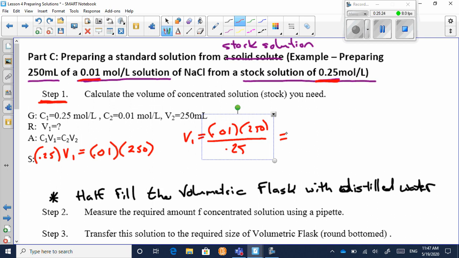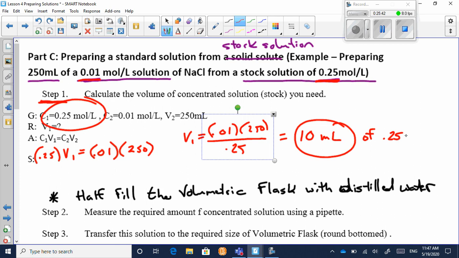I'll plug those numbers into my calculator, and I get 10 milliliters. So what that's telling me is that I need 10 milliliters of the 0.25 mole per liter solution.